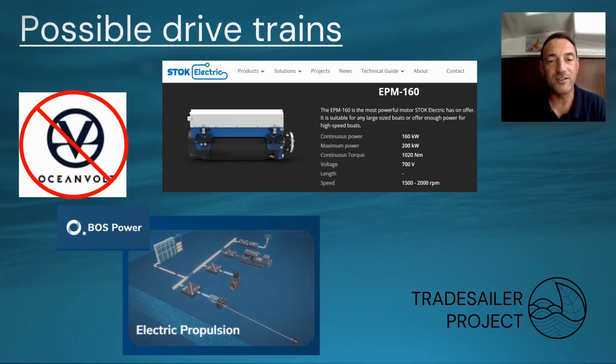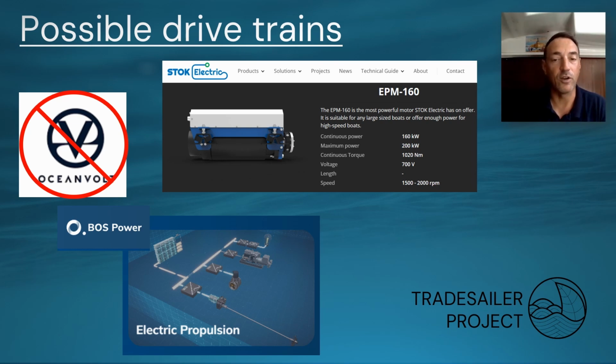So I've been trying to find some possible drivetrains, some electric motors to power this project. Of course, my first go-to was Oceanvolt. They are very much the leader in electric propulsion in the yachting sector, the small yachts. I had a good contact with them, and they very clearly indicated that they don't do anything high voltage.